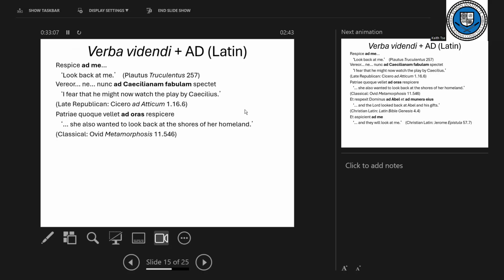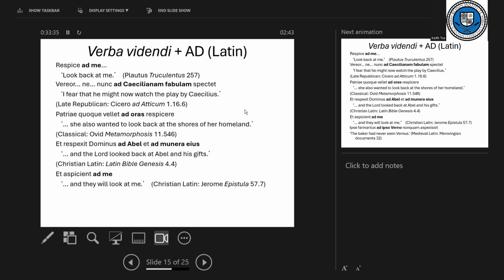I fear less that he might watch the play by Caecilius. In Ovid's Metamorphoses, a famous literary example, ad auras respicere. She wanted to look back at the shores of her homeland. This is the famous myth of Theseus and Ariadne. Ariadne, yearning for her homeland after being snatched by Theseus, looks back at her shores.